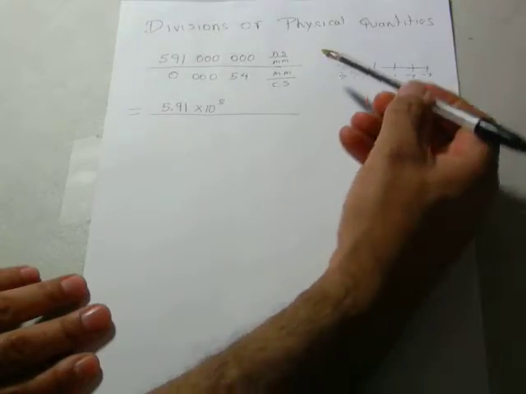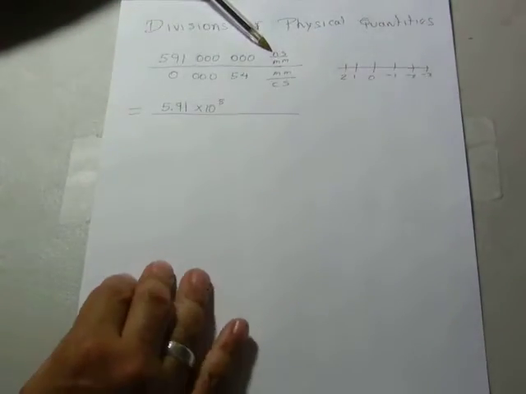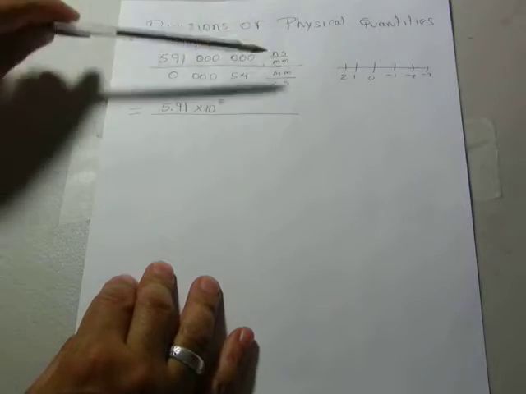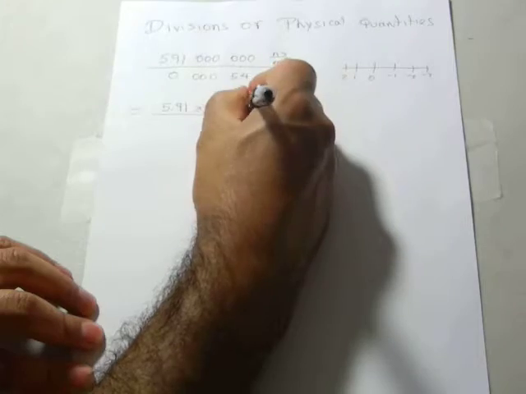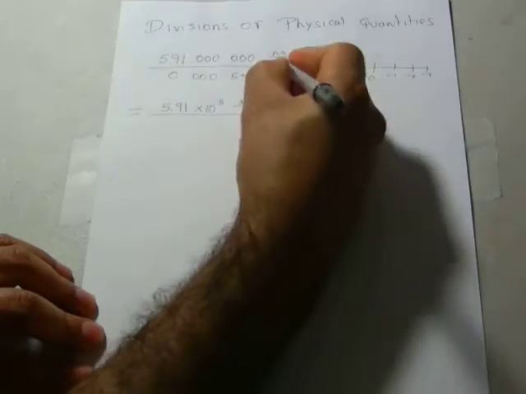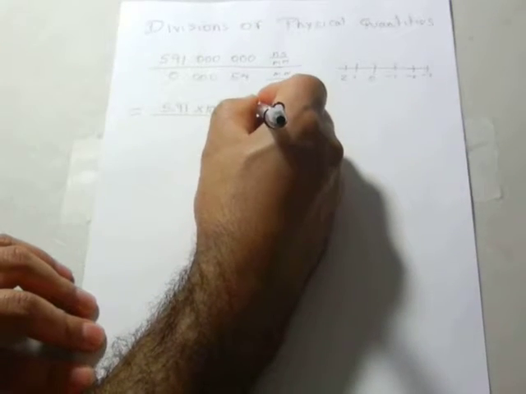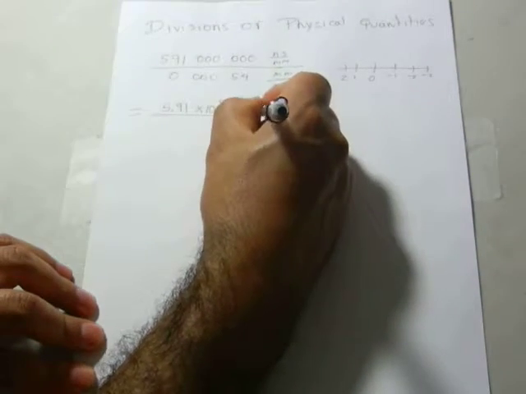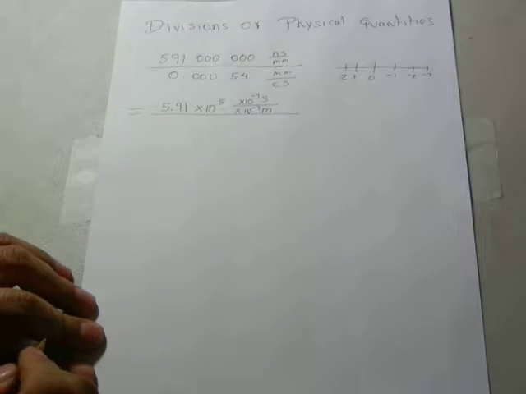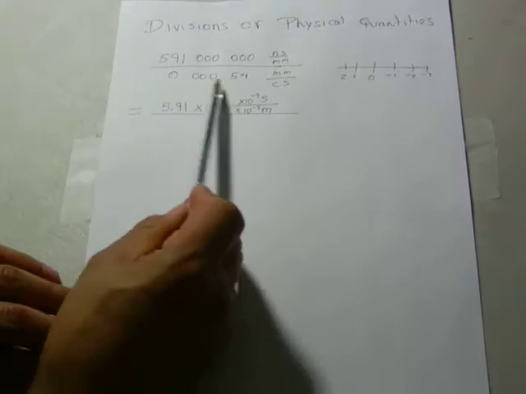Now, identify any possible prefix that is there. Nano has a prefix, and milli is another prefix. So times 10 to the negative 9 for nano, and milli has times 10 to the negative 3. Do the same, try to simplify for the denominator.